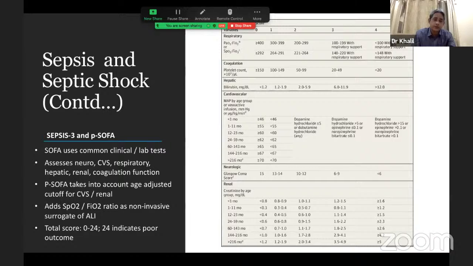And it also takes into account the SpO2/FiO2 ratio as a non-invasive surrogate of acute lung injury. So higher the score, bad is the prognosis. You can see from this table the variables which are taken to get the SOFA score, and the range is from 0 to 5. So a higher score means increasing severity and bad prognosis.